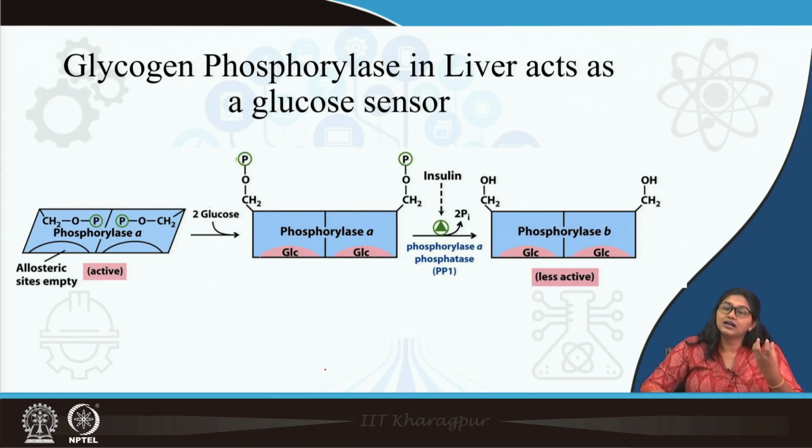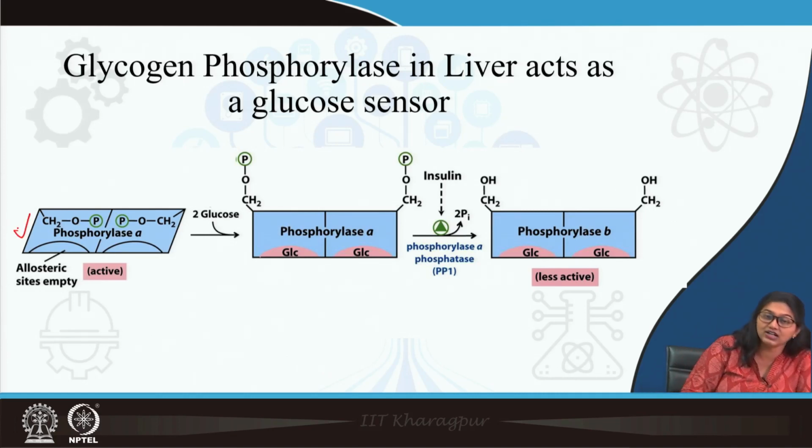Now, when there is a rise in blood glucose level, that glucose enters inside hepatocytes. In hepatocytes, it binds to the allosteric sites of phosphorylase A. So, activated phosphorylase has an allosteric site where glucose can bind.